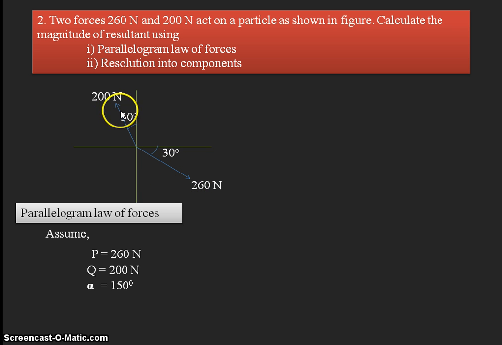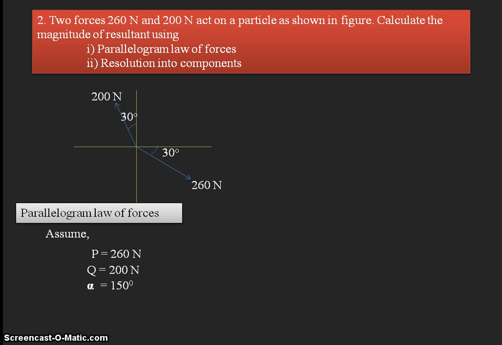So when you consider these two forces as the two sides of the parallelogram, the angle between these two forces, that means these two adjacent sides of the parallelogram, becomes 90 plus 30 plus 30. So in total how much does it become? 90 plus 60, it becomes 150. So alpha is the angle between the two forces, that is 150 degrees. So that means the angle between the two adjacent sides of the parallelogram here is 150 degrees.